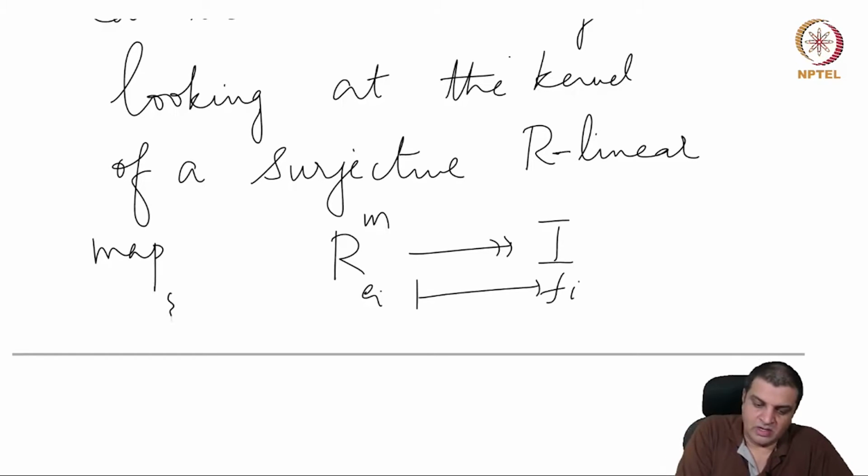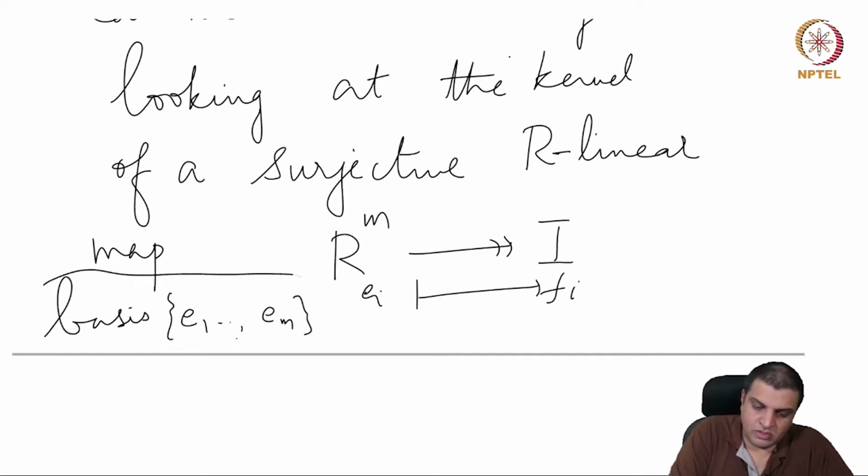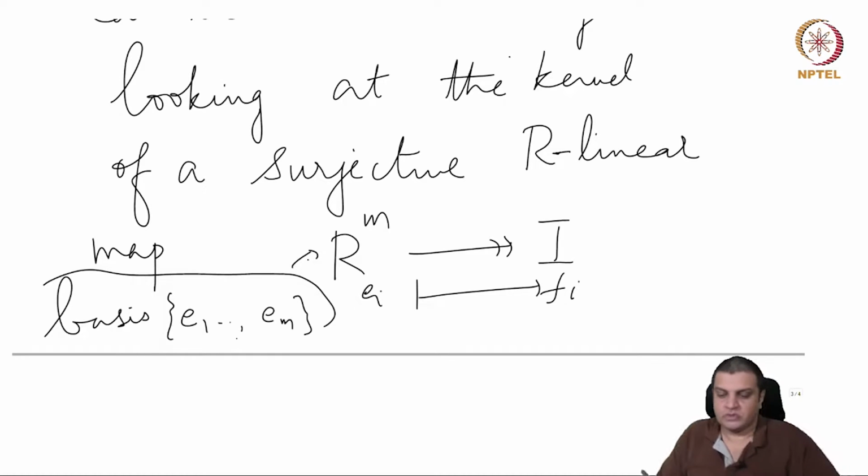So E1 through Em is a basis for this module, and if we map Ei to Fi, then the syzygies of the Fi are precisely the elements of this kernel. So this is what we saw in the last lecture.